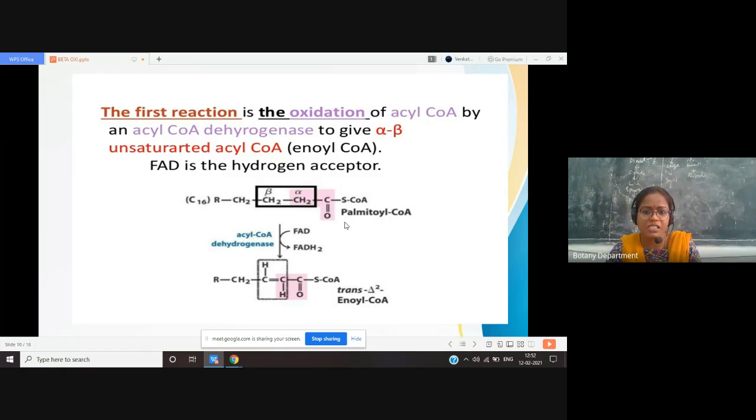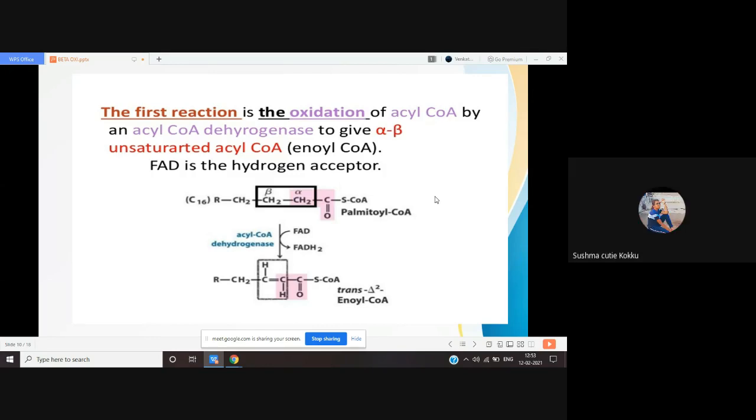This palmitoyl CoA is getting converted to trans delta square enoyl CoA with the help of the enzyme acyl CoA dehydrogenase, because FAD is getting converted to FADH2. Is it clear? Yes, ma'am.